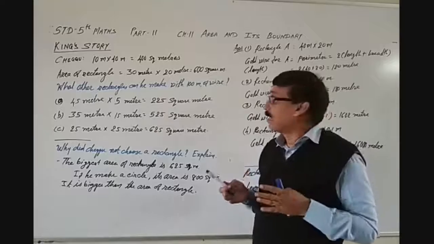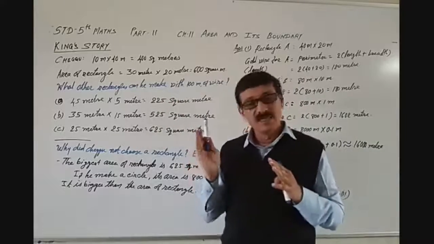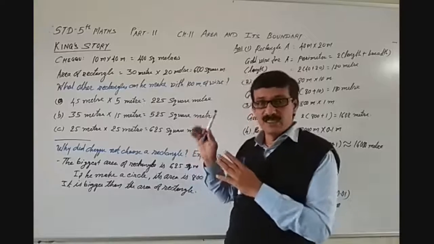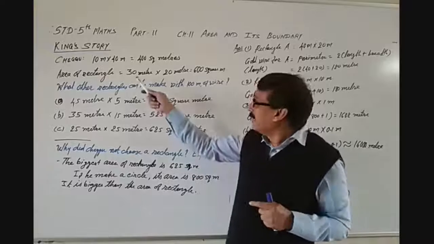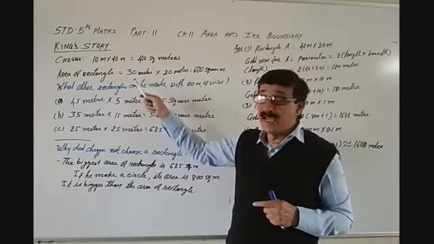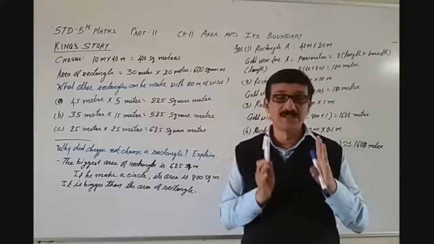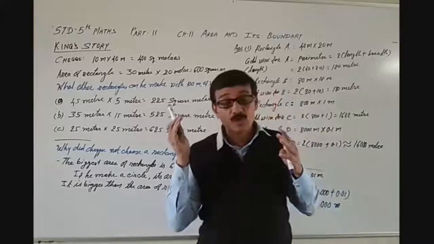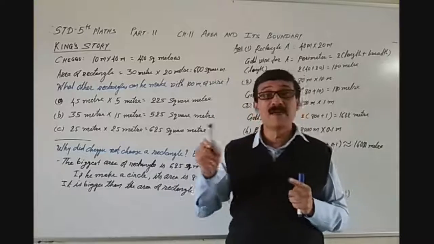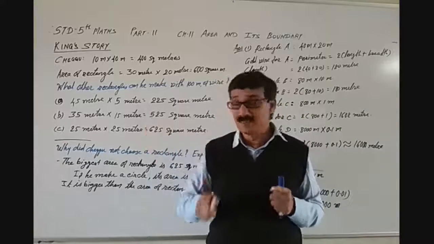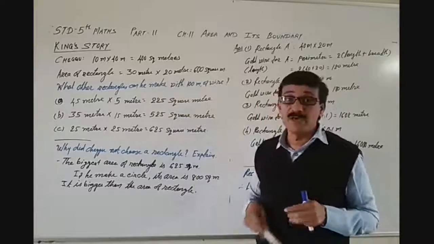It can be written like this, 30 m multiplied by 20 m, that means the length is 30 meter and the breadth is 20 meter. We know the area of a rectangle is length multiplied by breadth, that is equal to 600 square meter.